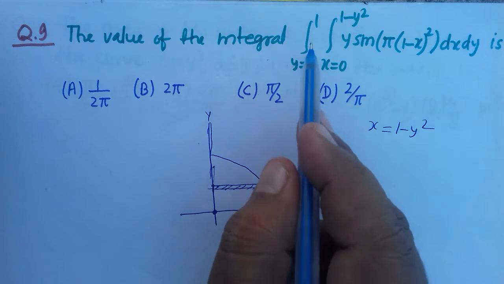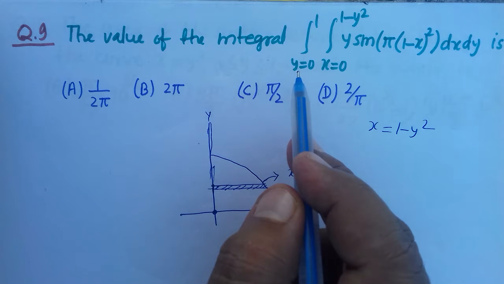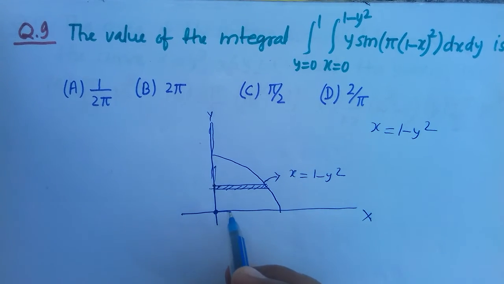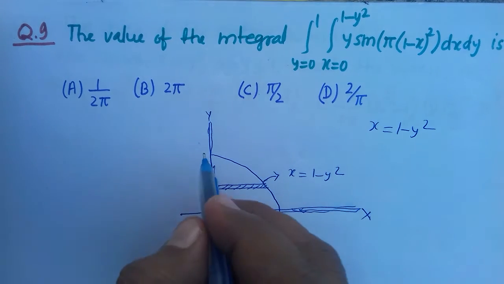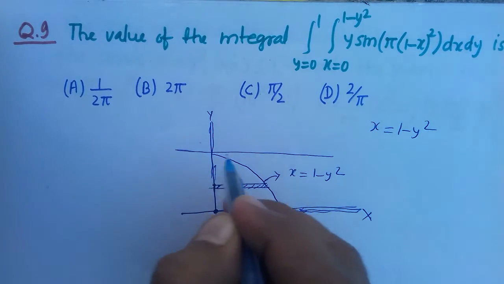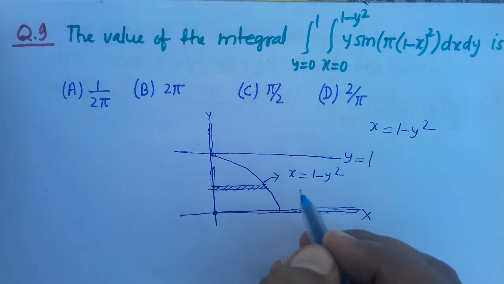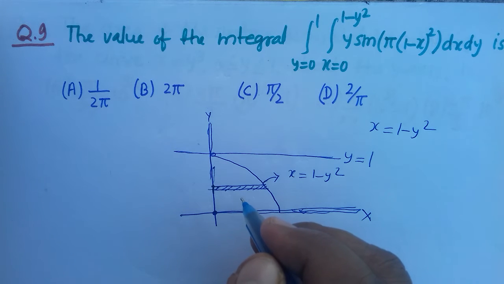Now the second integration, you see limits y from y equals 0 to 1. This line is y equals 0, and this line is y equals 1. Now we are going to change the order of integration.